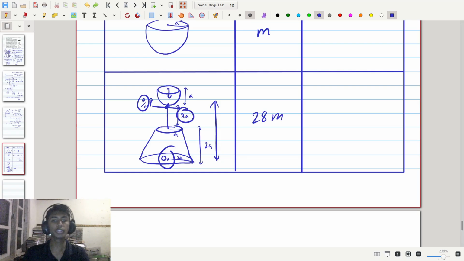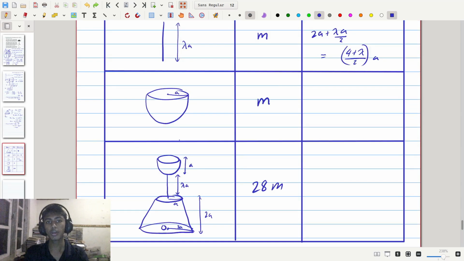Therefore, the total distance above the point O of the center of mass of this hemisphere is equal to 2a plus lambda a plus a over 2, which, under a common denominator, is 2a becomes 4a, plus a becomes 5a, plus 2 lambda a, so it's (5 plus 2 lambda) over 2 times a.